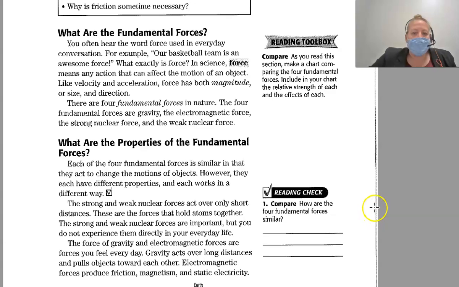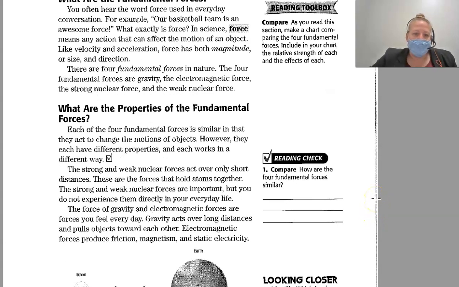Okay, what are the properties of the fundamental forces? Each of the four fundamental forces is similar in that they act to change the motions of objects. However, they have different properties and each works in a different way. The strong and weak nuclear forces act over only short distances. These are the forces that hold atoms together.